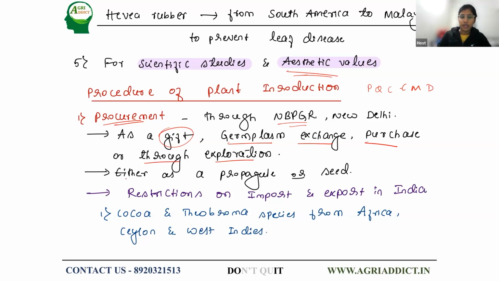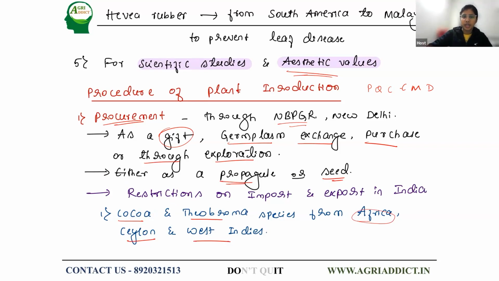In what form can you collect them? Either as a propagule or as a seed. When we see this procurement phase, we can see some examples where import and export has been restricted in India. So these examples are important. Cocoa and Theobroma species from Africa, Ceylon, and West Indies have been restricted to India.